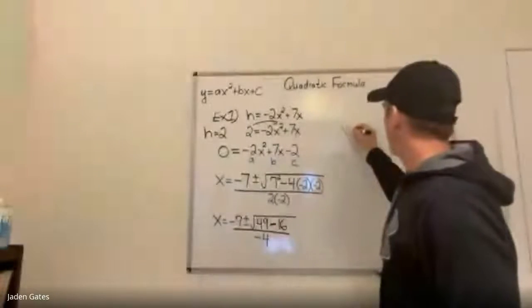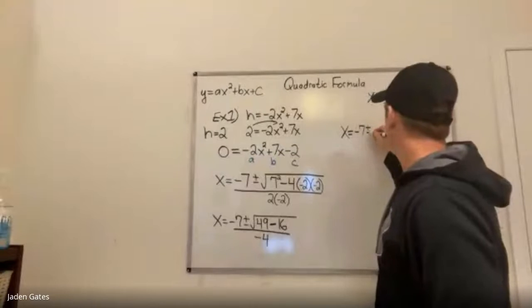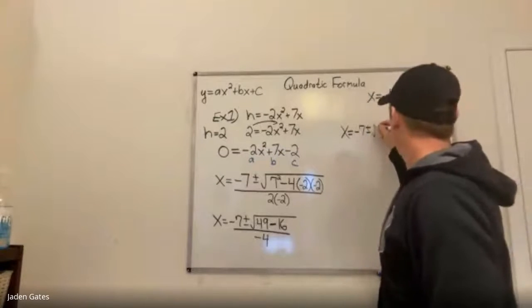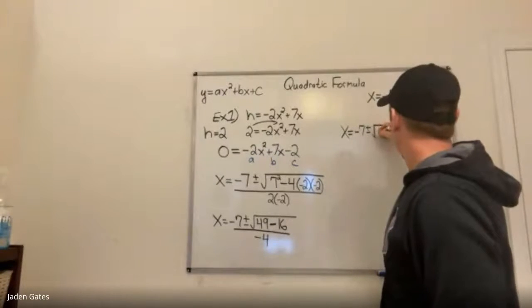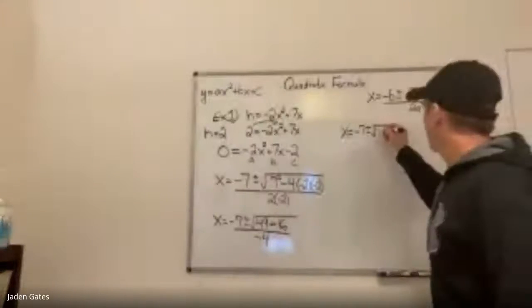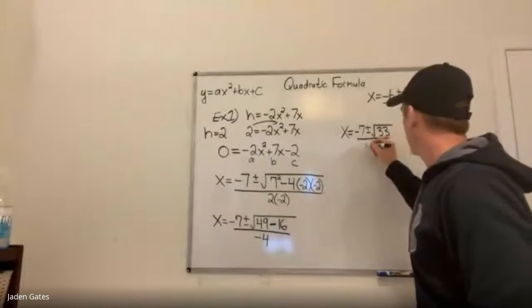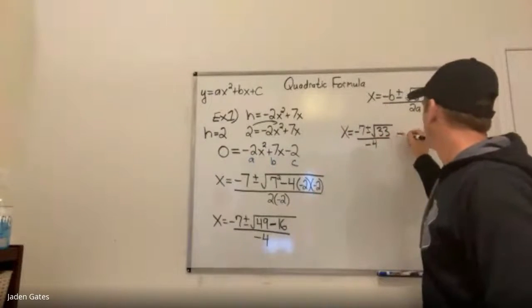And so we have x is equal to negative 7 plus or minus the square root of 49 minus 16, which is 33, and then divide by negative 4. All right, I keep going.